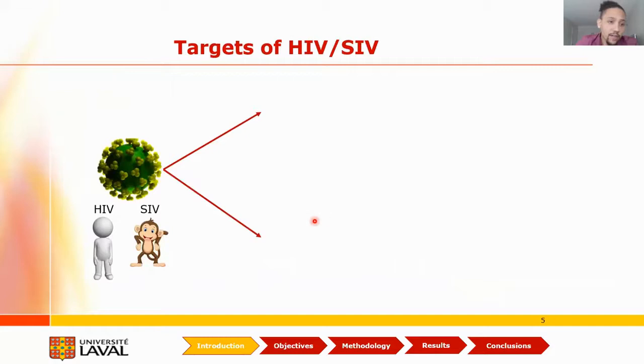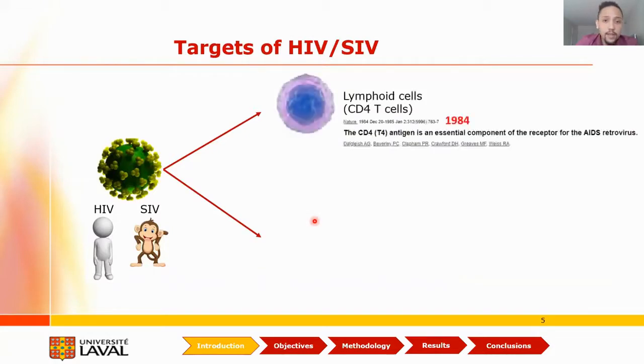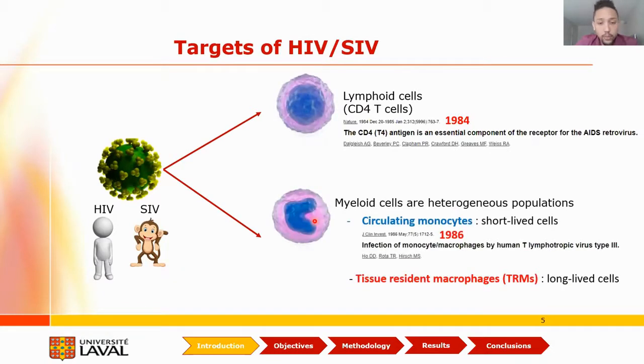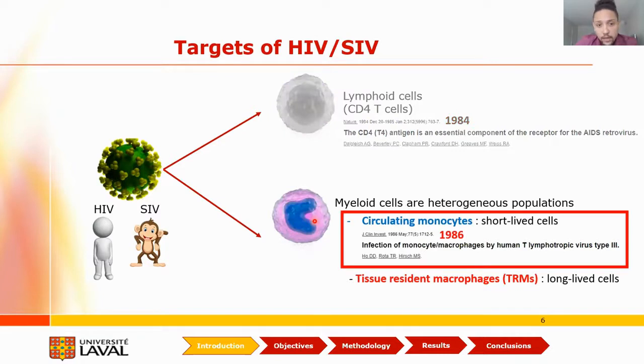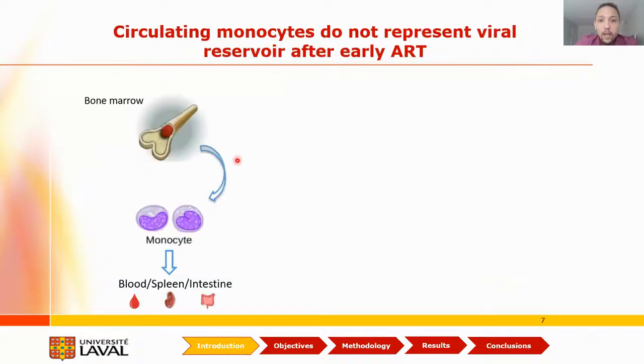As we know, HIV and SIV can target lymphoid cells like CD4 T cells and myeloid cells that are heterogeneous populations. In our last study, we focused on the contribution of short-lived circulating monocytes in viral reservoir establishment. Circulating monocytes are from bone marrow.